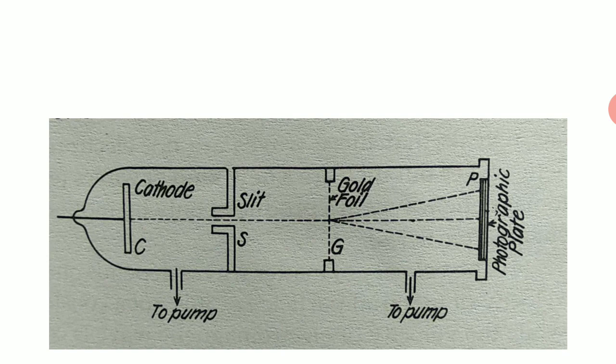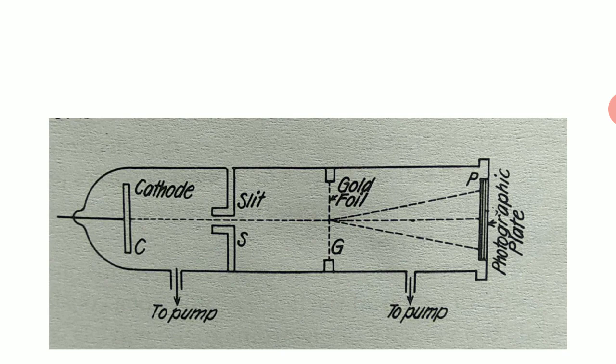The accelerated fine beam of electrons now falls on the thin film, denoted by G, which is of the order of 10 to the power minus 6 centimeters and is made from gold or aluminium.